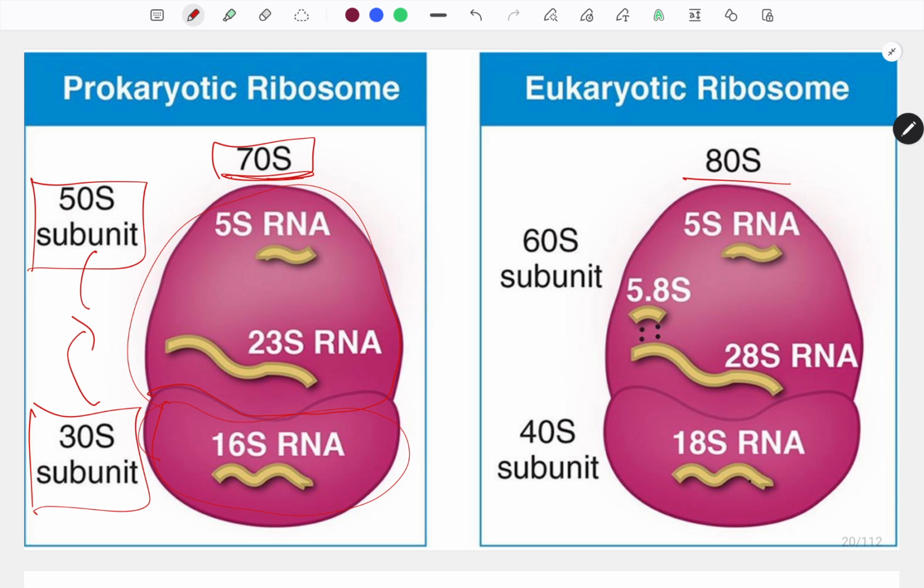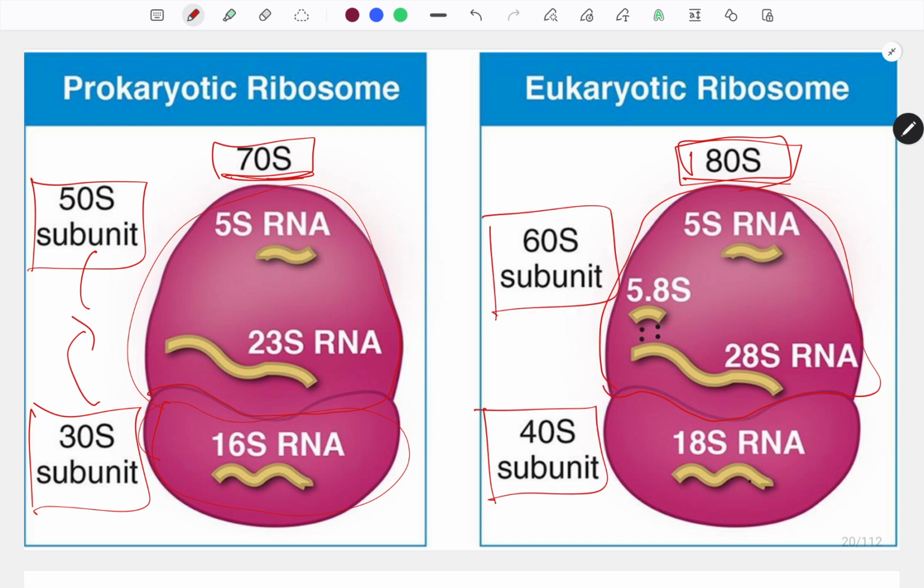In advanced or complex eukaryotic cells, 80S ribosomes are present. In 80S ribosomes, the bigger part is the 60S subunit and the smaller part is the 40S subunit. This is the difference.